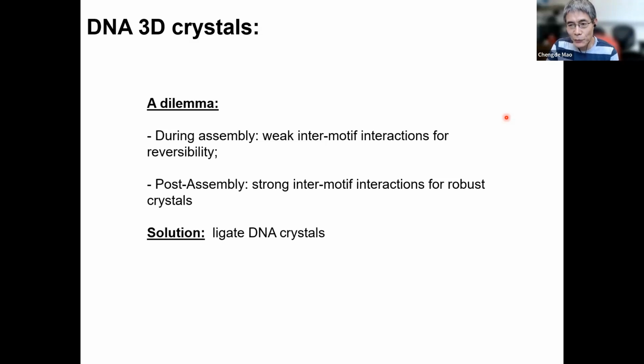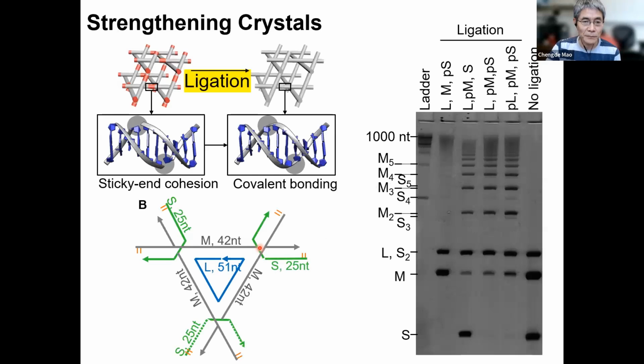Over the years, we tried different approaches to solve this problem. But in the end, we found there is actually a very simple approach, which is to ligate the DNA crystal. When we assemble this crystal, the interaction between the building blocks is by hydrogen bonding. It's weak. One way to overcome this problem is by ligation. In nature, in the cell, there is a DNA ligase.